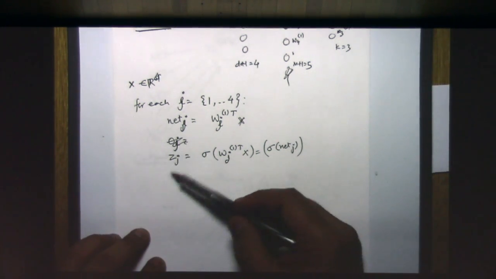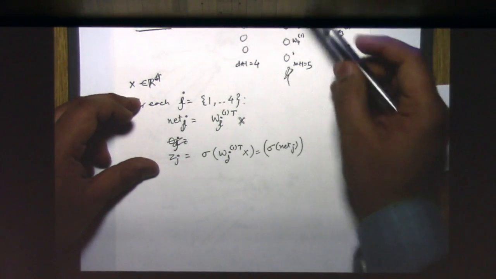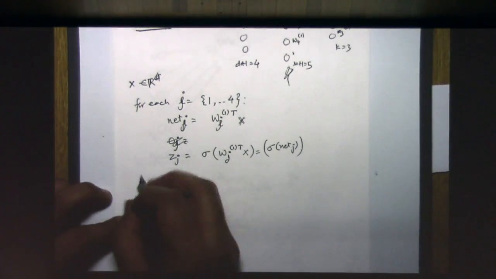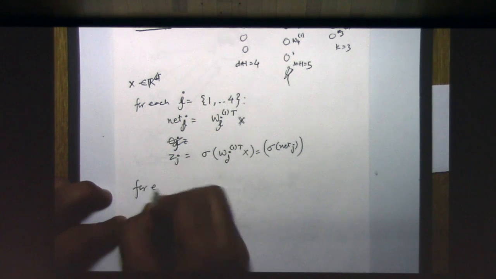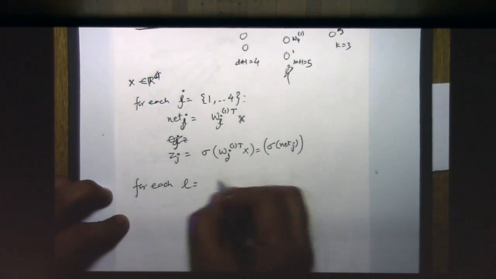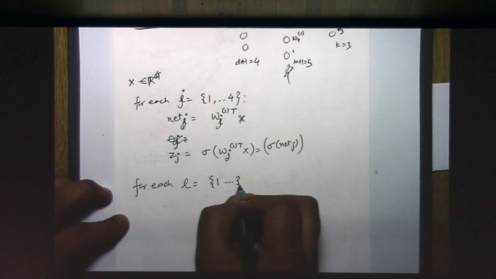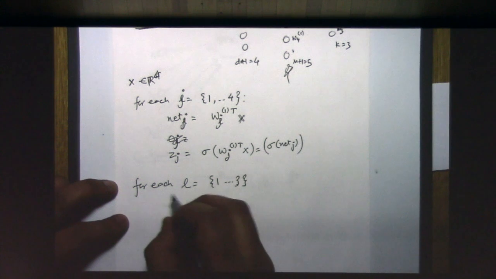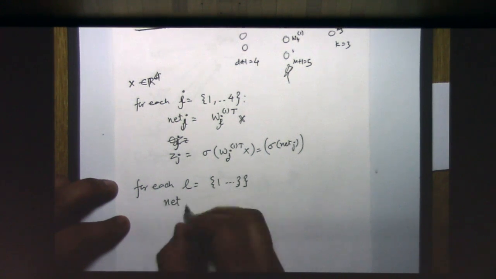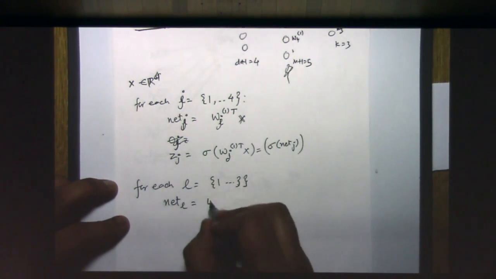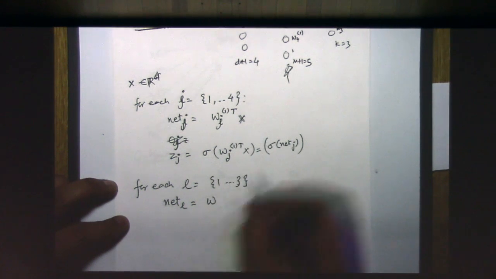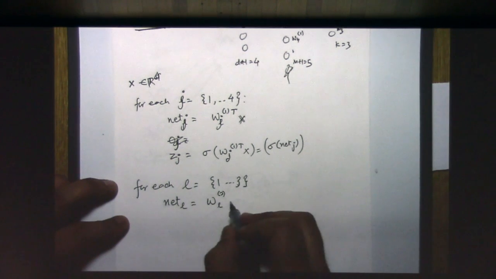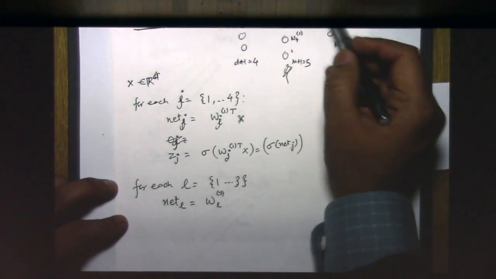So now what you have after this step is an output coming out of each one of these output nodes, right? Then you go to the next layer. For each L 1 through 3, which is over here, you compute net of L is again W transpose of, this is the second layer of L times the input that is coming to it, right?